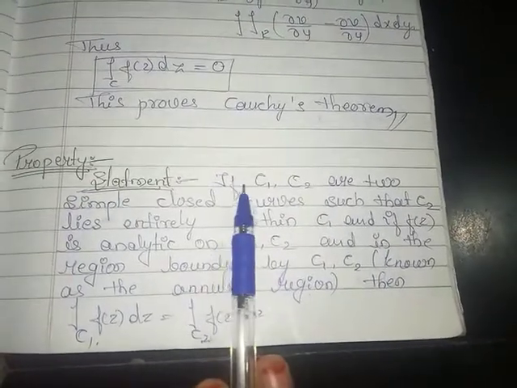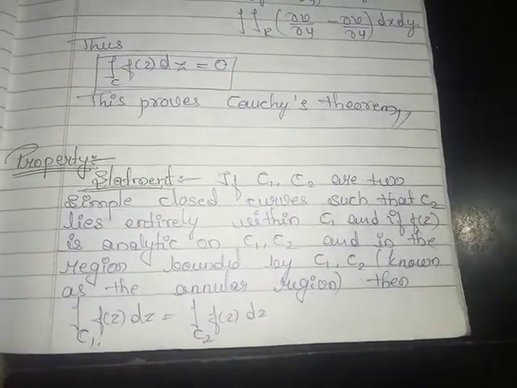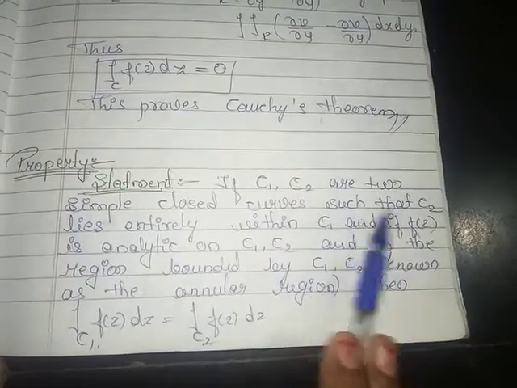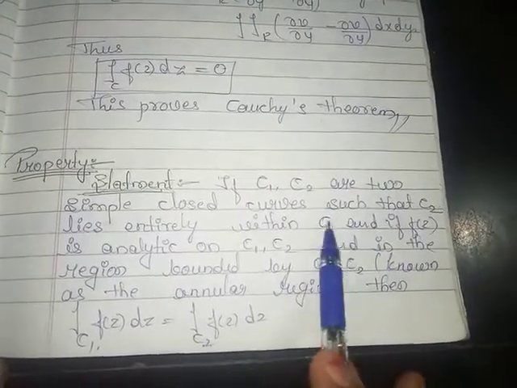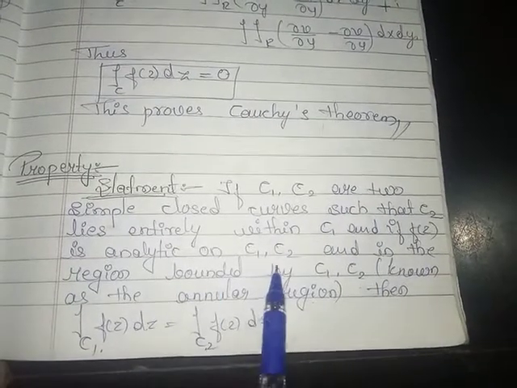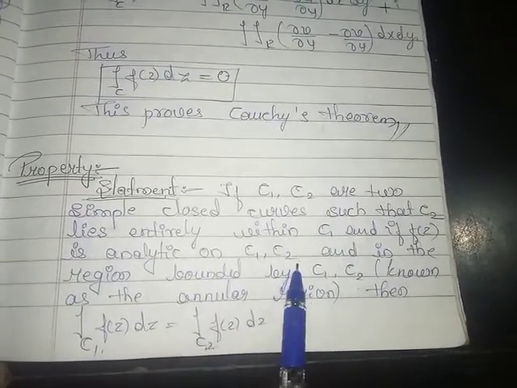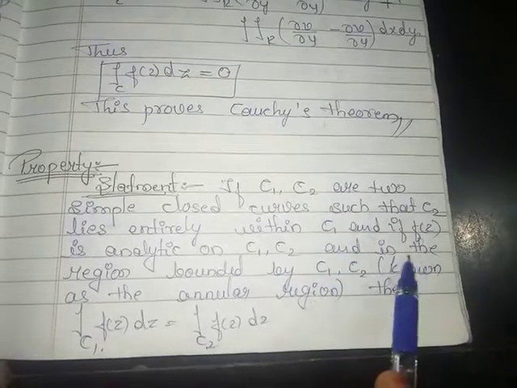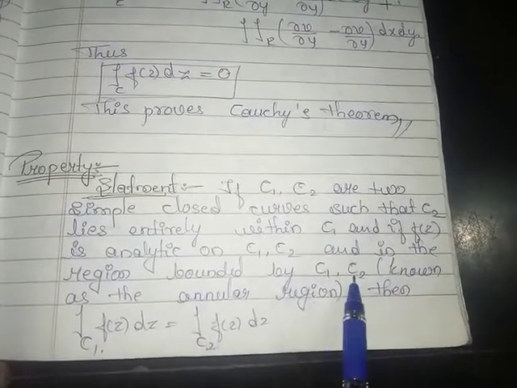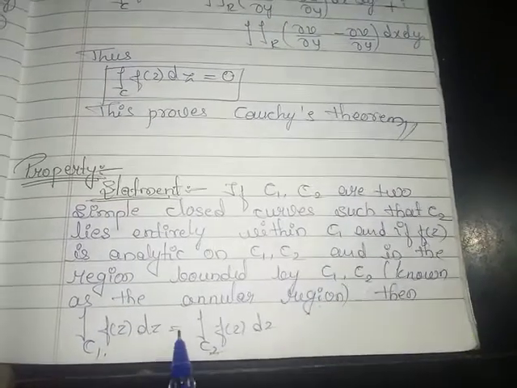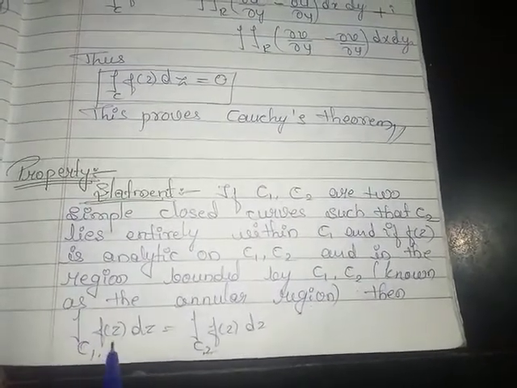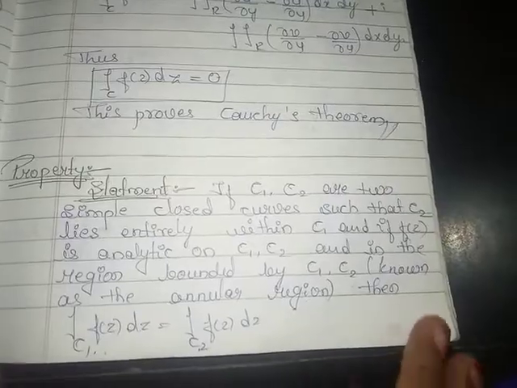See the statement here: C1 and C2 are two closed curves such that C2 lies entirely within C1. If f of z is analytic on C1 and C2 and in the region bounded by C1 and C2, this is known as the annular region, then we have to prove that integration over C1 f of z dz is equal to integration over C2 f of z dz.